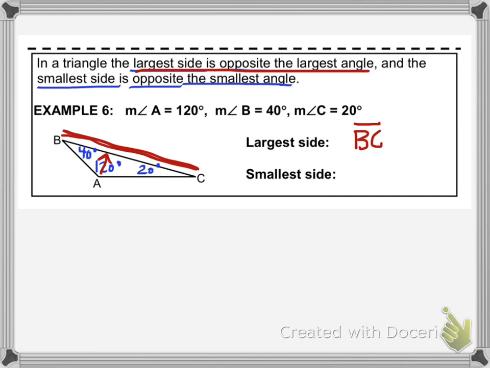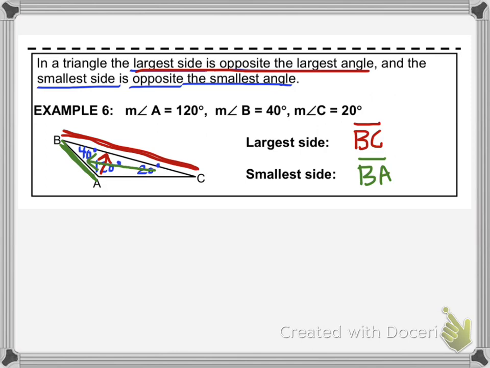The smallest side, remember, is going to be across from the smallest angle, and the smallest angle is the 20 degrees. If I draw an arrow from the 20 degrees across my triangle, it's going to point at that side that's across from it, which is also going to be the shortest side, which is segment BA or AB. You can call it either way.